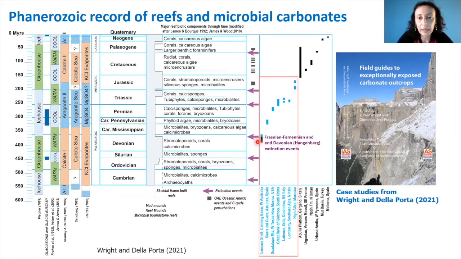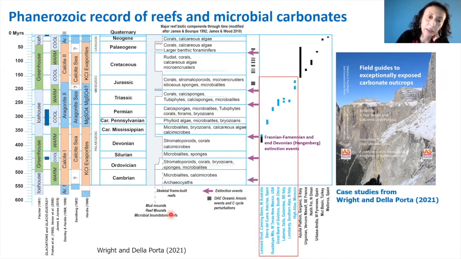This is the extinction event at the end of the Devonian, Frasnian-Famennian, and also the Hangenberg event at the beginning of the Mississippian. And also you can see, comparing the distribution of the case studies I will show you with the general reef composition across the Phanerozoic.